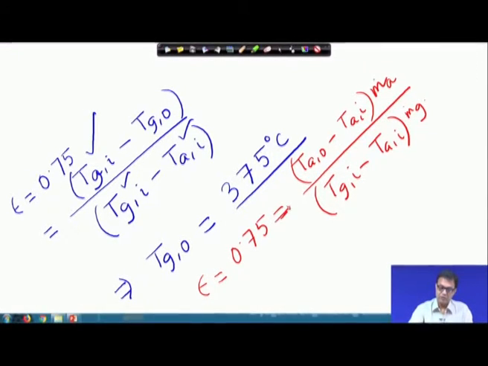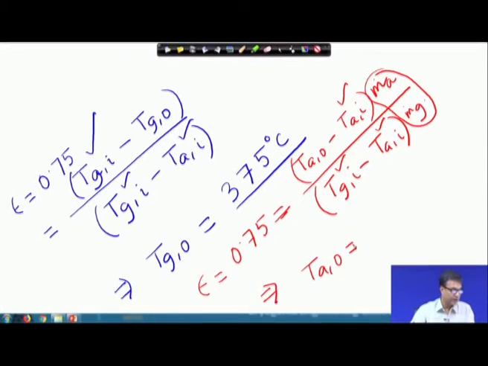In this relation we know the gas entry and air entry temperatures, and the m a by m g ratio is already known. So we can find the air exit temperature, which comes out to be 635.8 degree centigrade. We now have an idea about the air and gas exit temperatures.